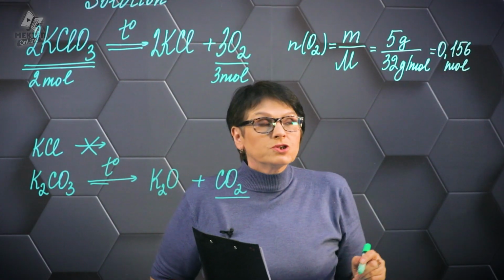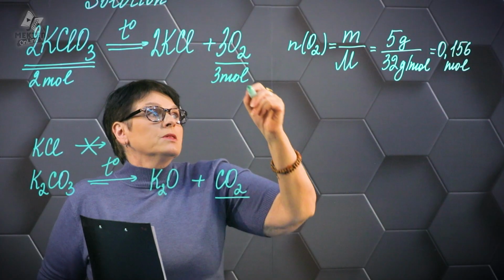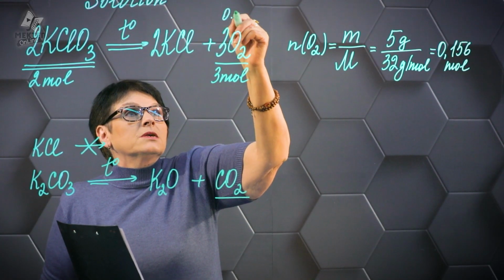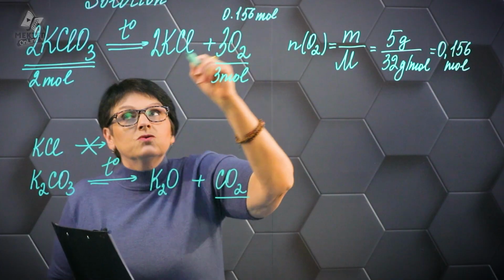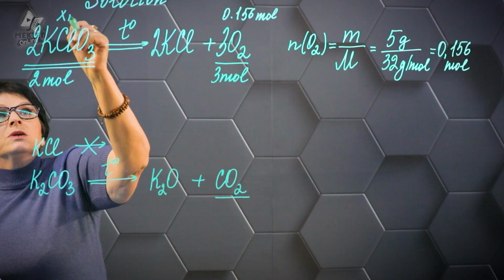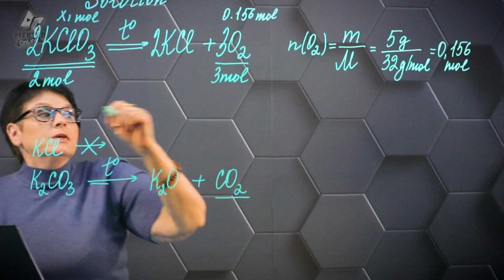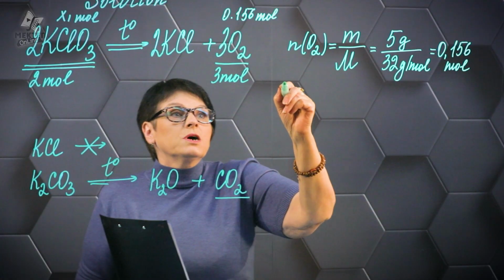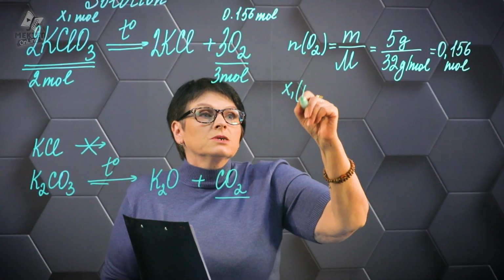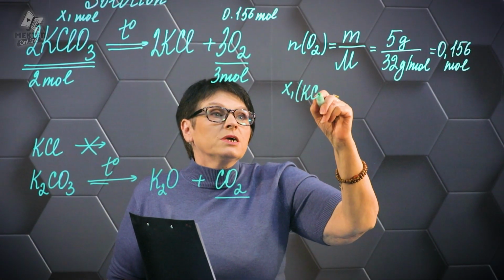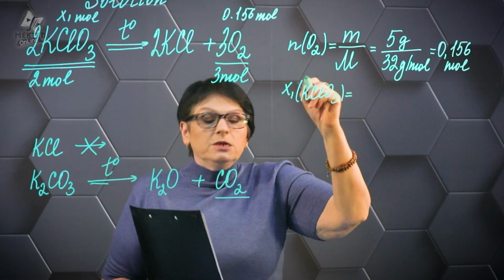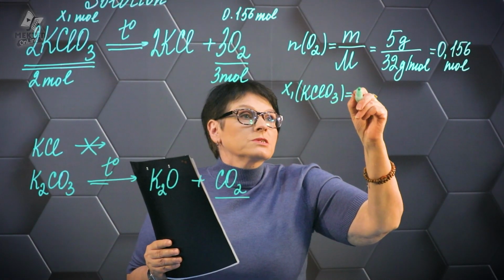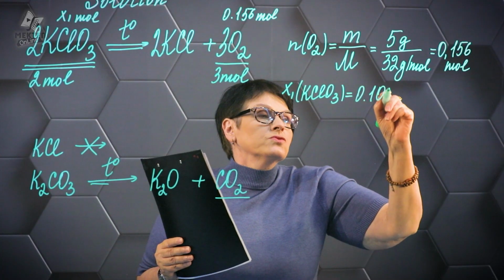I'm going to take it with such precision that our answer is most accurate. And then I'm going to put 0.156 moles here at the top, and here we'll write x1 mole. Solving a simple proportion, from here we can find how many moles of berthollet salt we have. And so the number of moles is 0.104 moles.